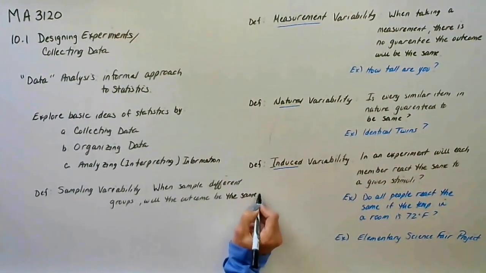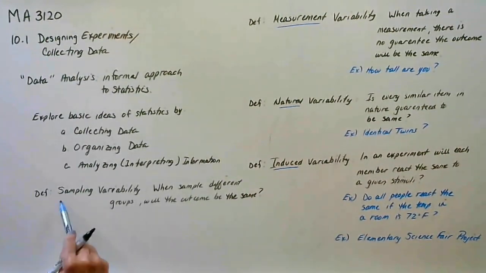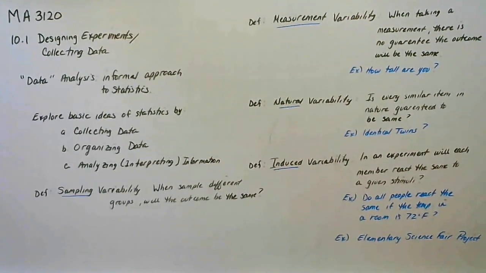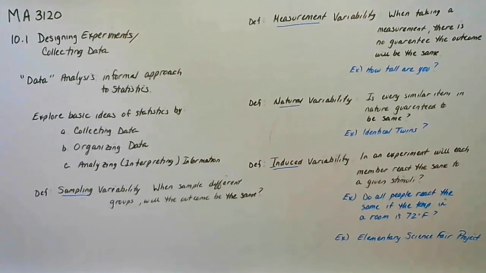So we're sampling. Okay, we're giving a sample. So let's say, for example, if I ask a question to college students in California and I get your response, is that same response going to be the same to maybe a group of students in college that I sample in North Dakota?